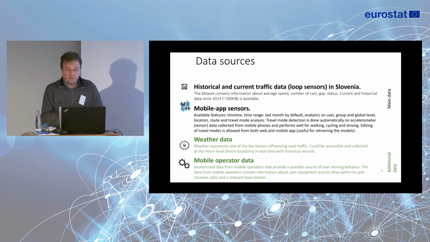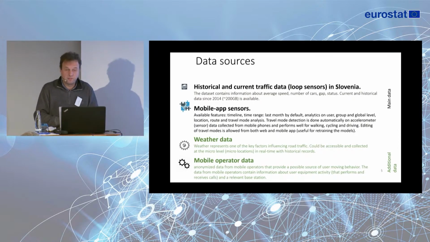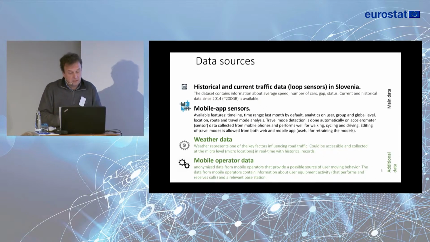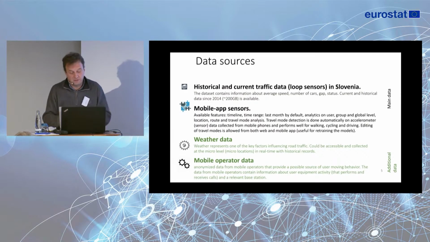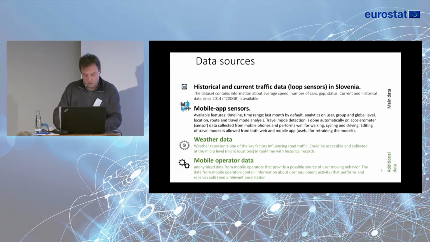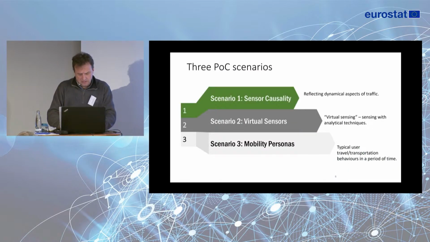Mobile app sensors, you will see later in the live demo how we can use mobile app sensors to model personas, right? Weather provides the context, right? Affects the mobility and traffic. And mobile operator data in this presentation, which we are not using, although it was part of the scenario, right?